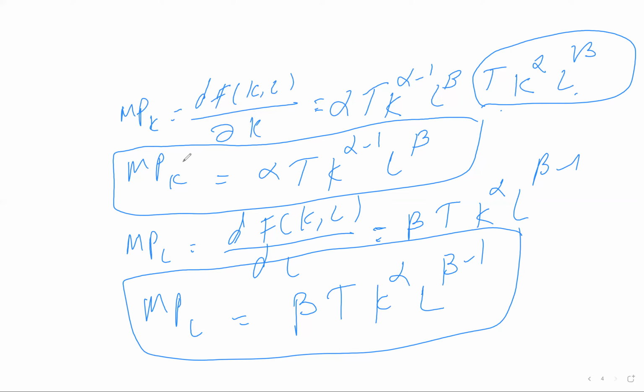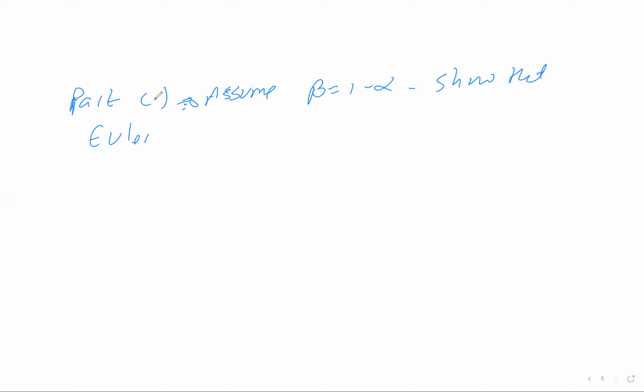Now for part C, assume that beta is equal to 1 minus alpha, and it's asking to show that Euler's theorem holds for the production function.